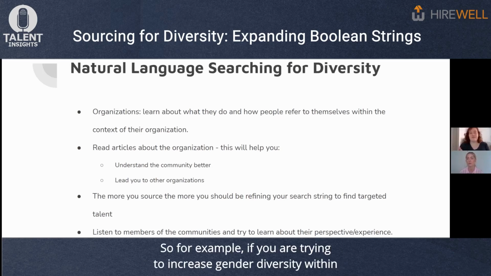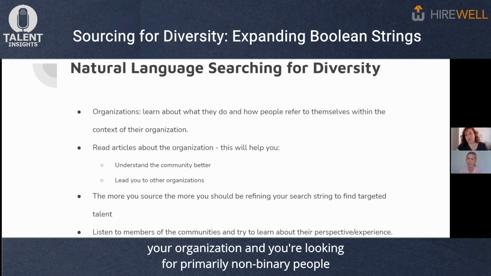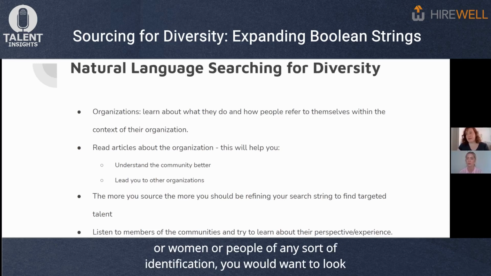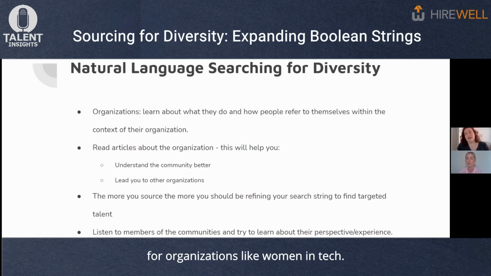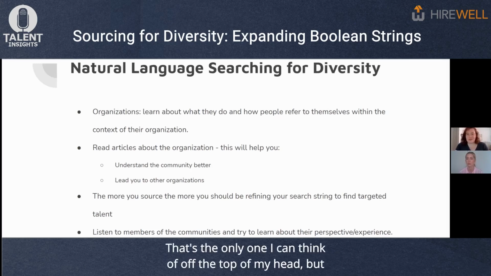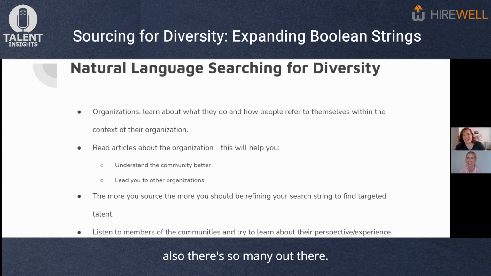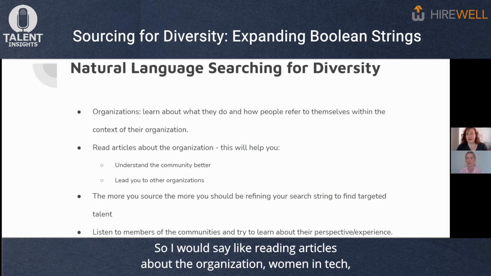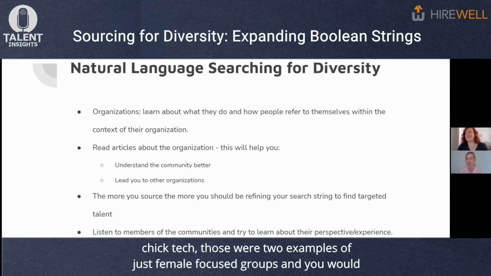For example, if you are trying to increase gender diversity within your organization and you're looking for primarily non-binary people or women or people of any sort of identification, you would want to look for organizations like Women in Tech. That's the only one I can think of off the top of my head, but there are so many out there. I would say reading articles about the organization Women in Tech, Chick Tech, those are two examples of just female-focused groups.